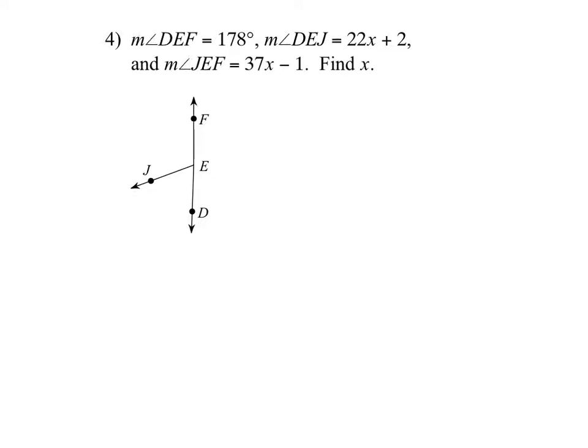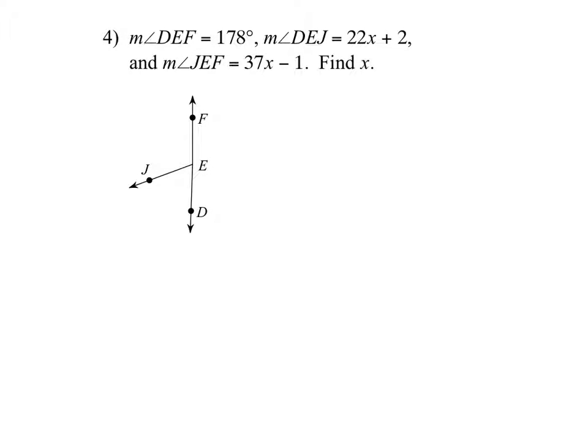Okay, so the next one, I have angle DEF. This is the entire angle. Angle DEF is 178. Angle DEJ, this angle right here, is 22x plus 2, and angle JEF is 37x minus 1. This one plus this one equals the entire angle.